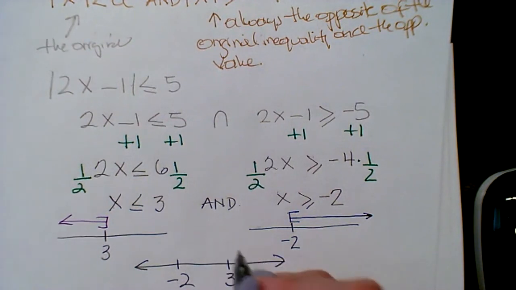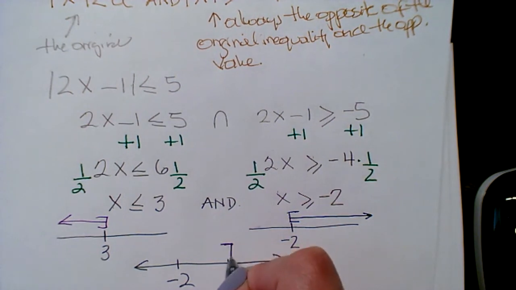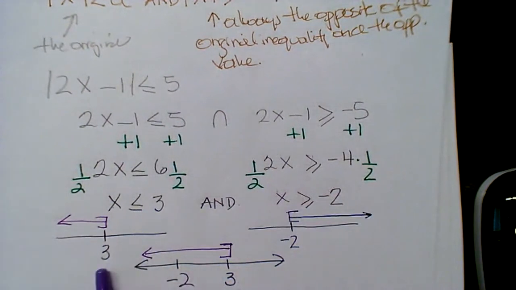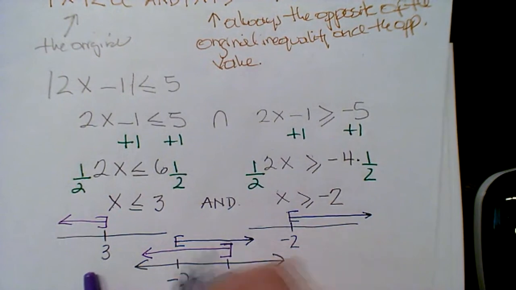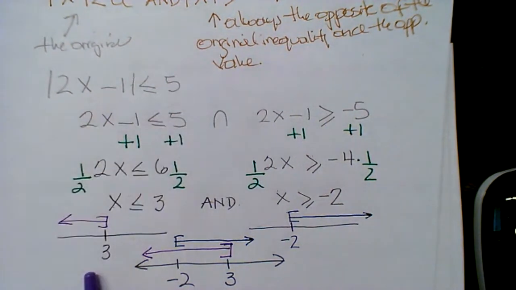So this one is going to be less than 3, and the numbers that are greater than negative 2. So because it's n, it's an intersection. So where do they overlap?